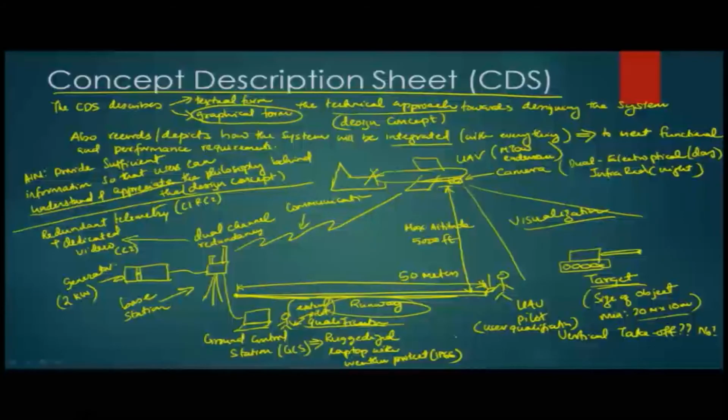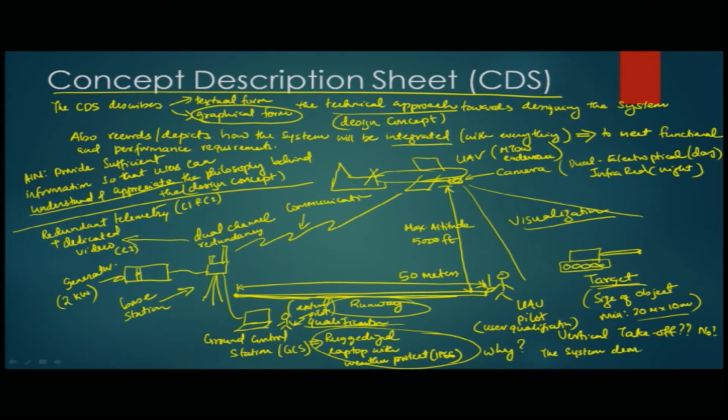in designing that system. So somebody would say, why did you guys use the ground control station as a ruggedized laptop? The obvious question asked here is why. The answer to that problem is why. The answer is the system demanded high level of portability.